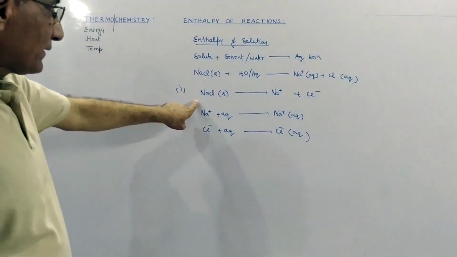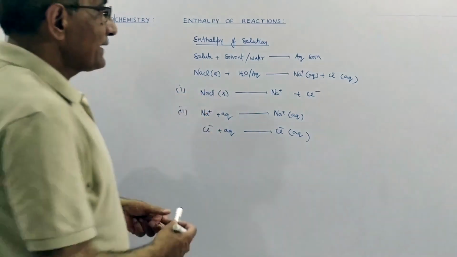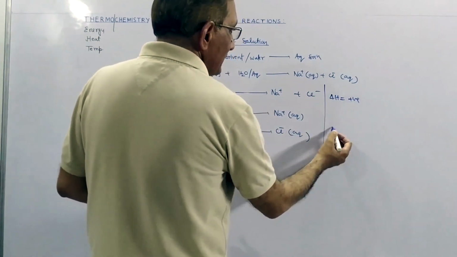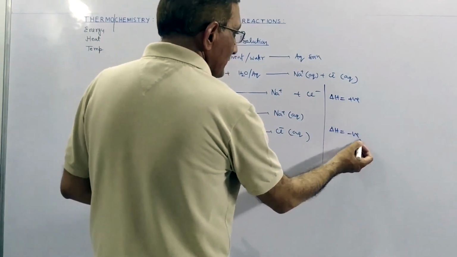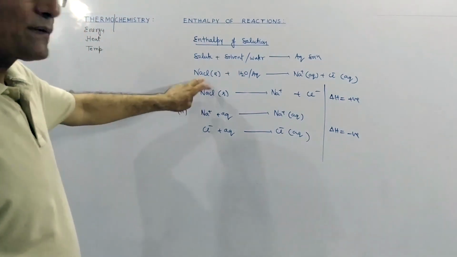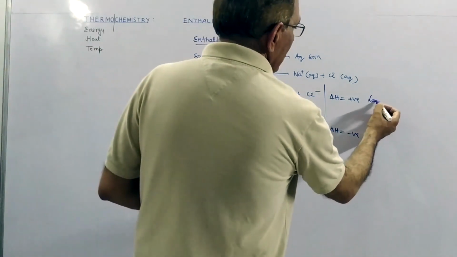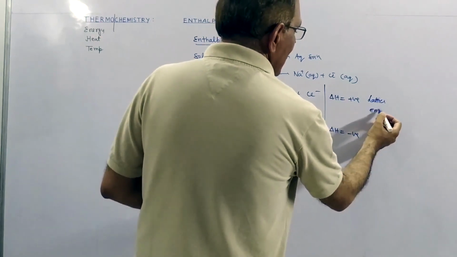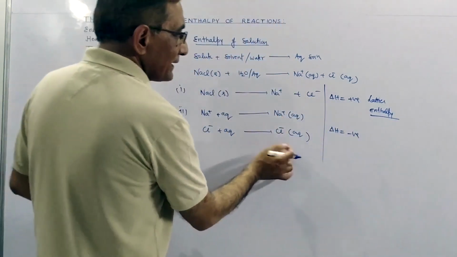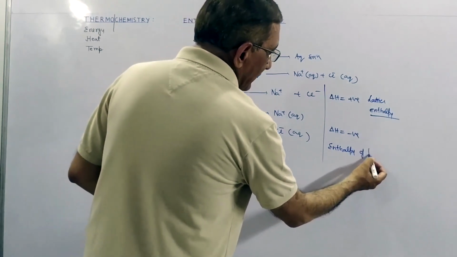Here we have to supply energy in this process because we are dissociating NaCl. So this process will be delta H positive, and in this case energy is released, so this will be delta H negative. The energy we need to supply to dissociate 1 mole of ionic compound is called lattice enthalpy. This energy is lattice enthalpy, and here energy is released.